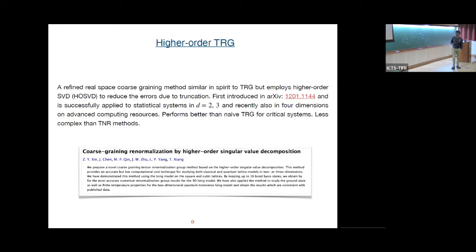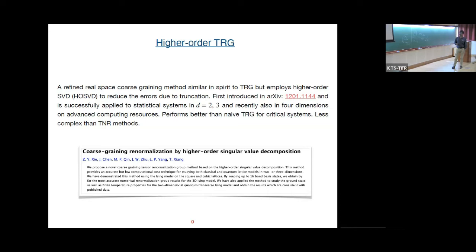The method proposed in 2007 was restricted to 2 dimensions. Then there was some development 5 years later, in 2012, and they argued that it is better to do a higher order singular value decomposition rather than a singular value decomposition. Higher order SVD is a generalization of matrix SVD to tensor SVD, where instead of matrices you have higher rank objects.